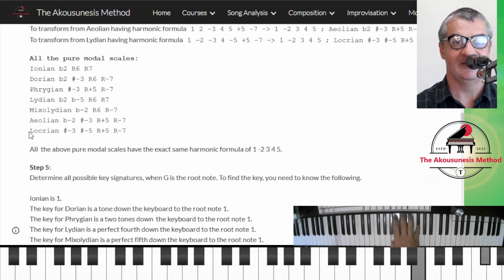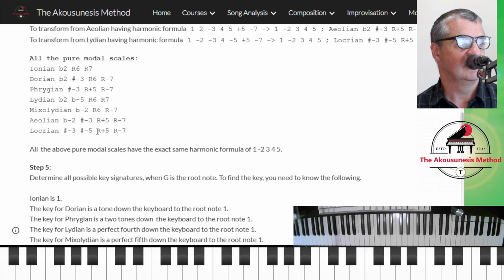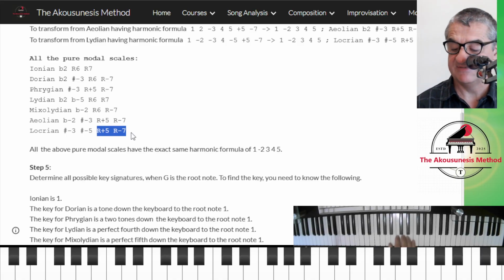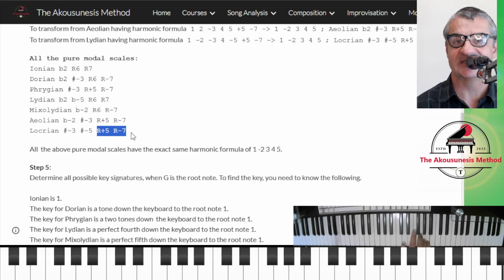That would be the fifth, the perfect fifth. That's got the -5. It only goes up to the -5 because we're here, right? We're going to remove the +5. Where's the +5? Up here. That's the fifth, that's a +5. We're going to remove that, and we're going to remove the -7 before we get back to the B.